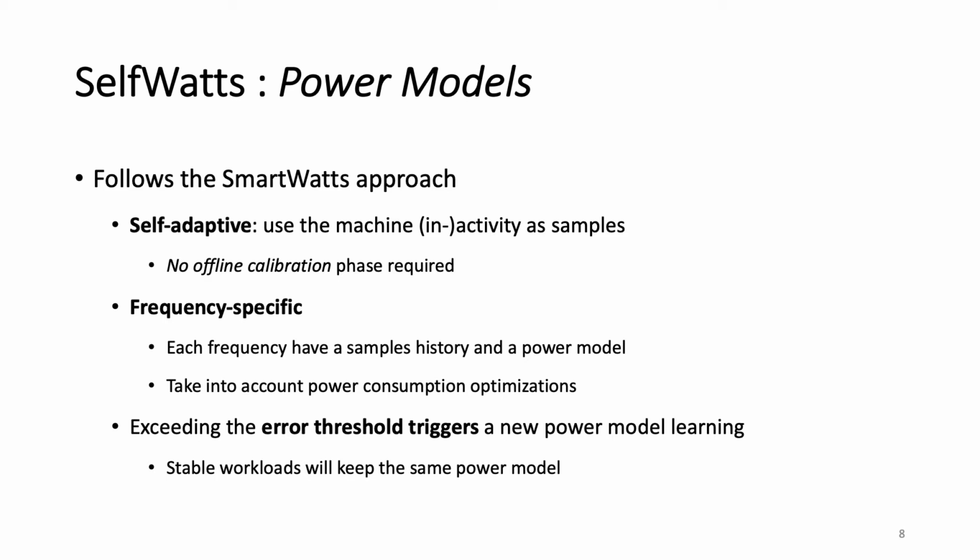Each frequency will have a sample history and a power model, and this is necessary in order to take into account the power consumption optimizations of the CPU, especially the voltage and frequency tuning and the idle states. And when the error threshold is exceeded, it will trigger the learning of a new power model. In the case of stable workloads, the power model will remain the same until the workload changes.